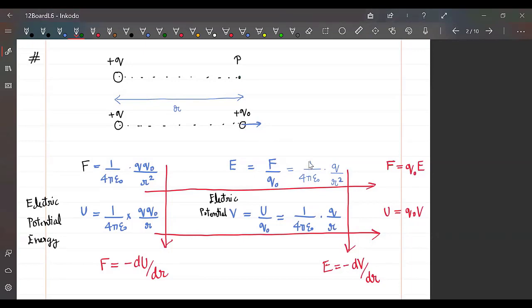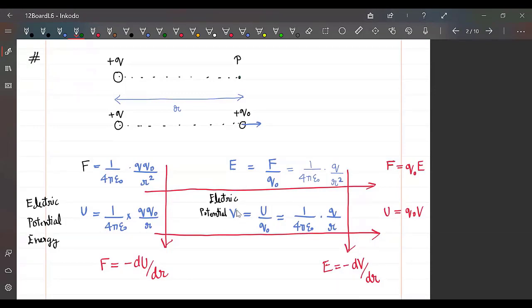So F by q naught will be 1 by 4 pi epsilon naught q divided by r square. And electric potential, that is potential at point P due to charge q at a distance r away, is potential energy per unit test charge. Test charge was q naught, so I'll divide potential energy by q naught. This will be 1 by 4 pi epsilon naught into q by r.